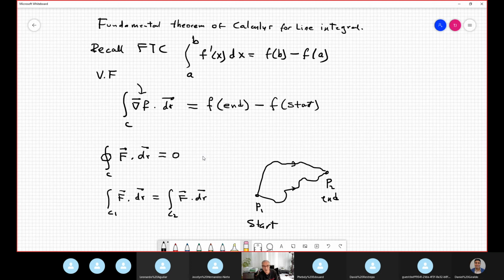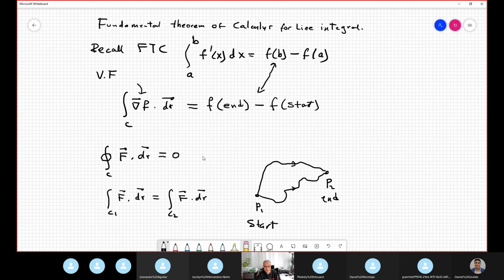Okay, and this looks similar to this. Yes or no? Let me see the correspondence. This is a line integral. This is the ordinary integral. This is the derivative. This is the gradient, which is more general than the derivative in multi-dimension, maybe 2-dimension or 3-dimension. And you find one potential function, which is the antiderivative, but it's the anti-gradient.